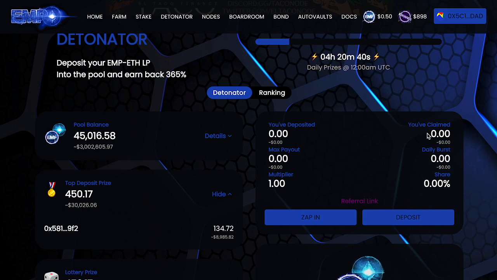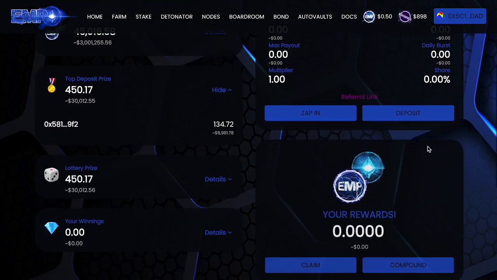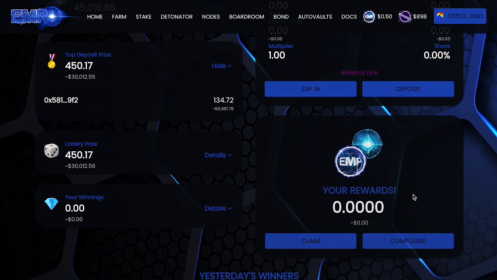Now, I want to make sure that you understand that a lot of people that are just learning about the detonator get confused because they see a number here when all they've done is compounded. And we haven't talked about compounding yet, but compounding is basically taking your daily earnings or rewards, and instead of claiming them out of the system, you compound them and so roll them back in to the detonator.